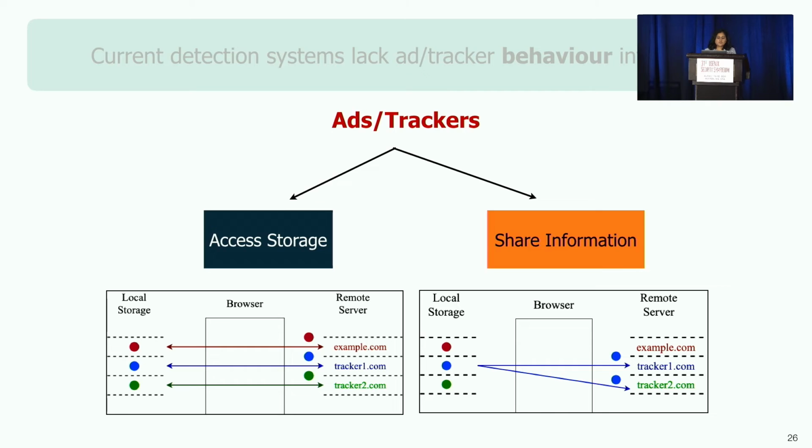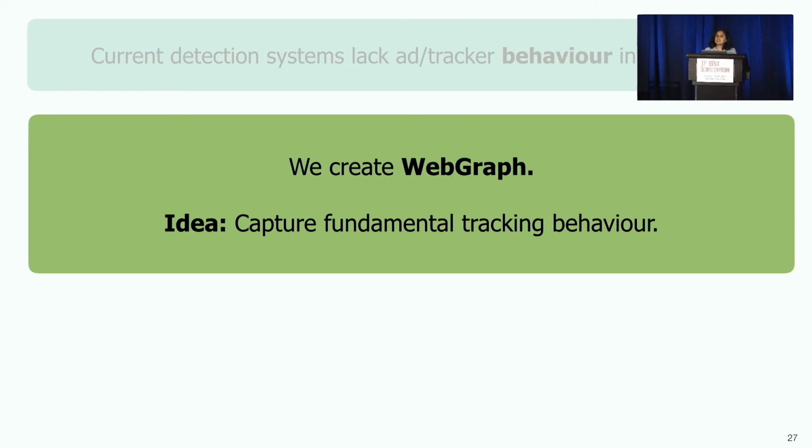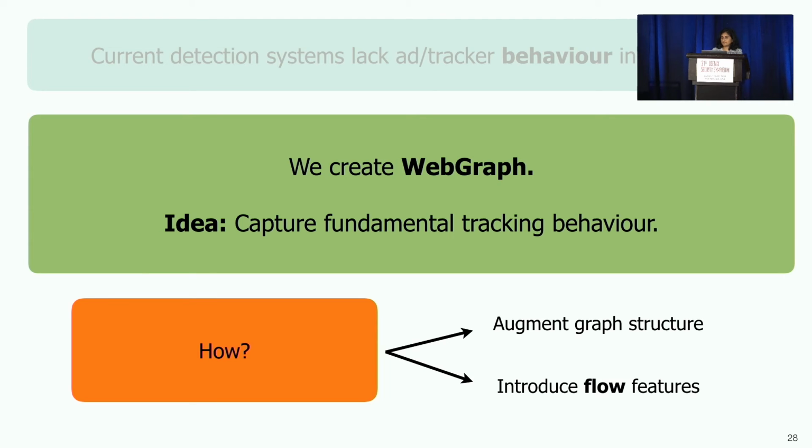Ads and trackers have to have some access to storage, such as cookies or local storage, in order to store identifiers. And ads and trackers often share a lot of user identifiers with other parties in the ecosystem using techniques such as cookie syncing. So keeping these things in mind, we created our system WebGraph, where the idea is to capture these fundamental patterns of tracking behavior, because these behaviors are very difficult for ads and trackers to hide. And we do this by performing 2 things.